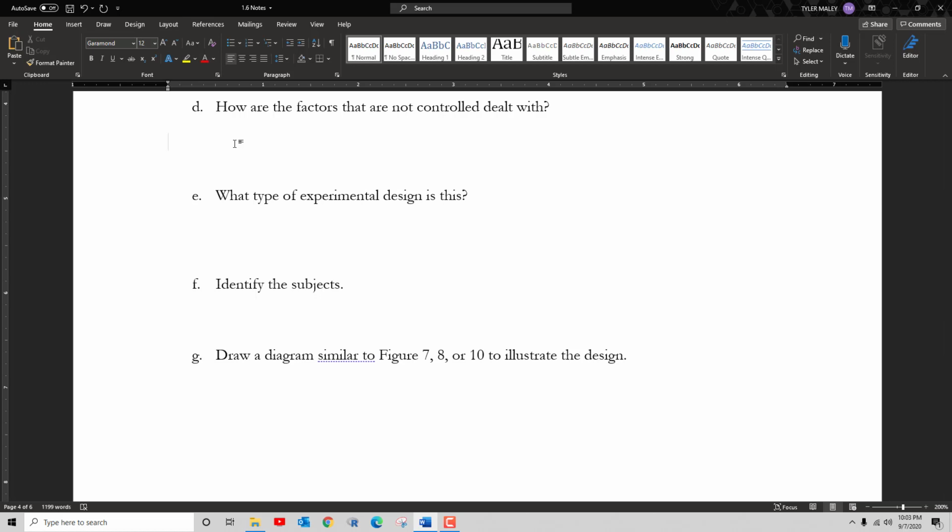Part G says, how are the factors that are not controlled dealt with? That is, the factors that are not controlled are dealt with by random assignment into the two groups.